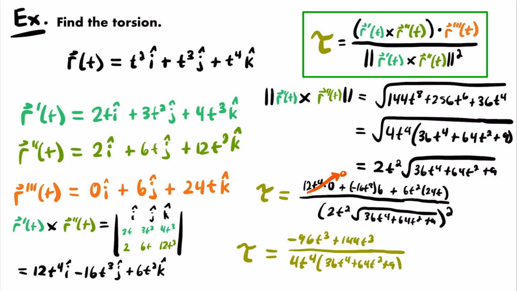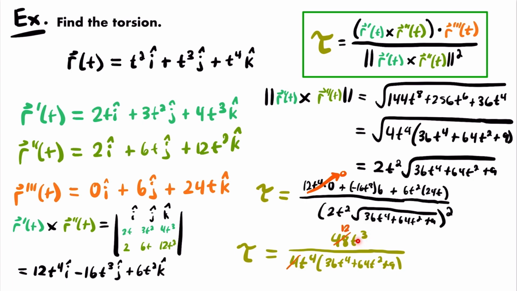Okay? Now, like I said earlier, in the numerator, we have like terms. They both are t cubed terms, so you can add the coefficients. Negative 96 plus 144 is 48. So I'm just going to change that right now. In the numerator here, we have 48t cubed. And then we have some nice cancellation that occurs to finalize our answer. 48 divided by 4 is 12. So this 4 is gone and this becomes 12.